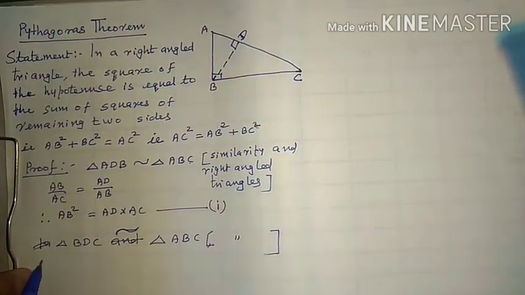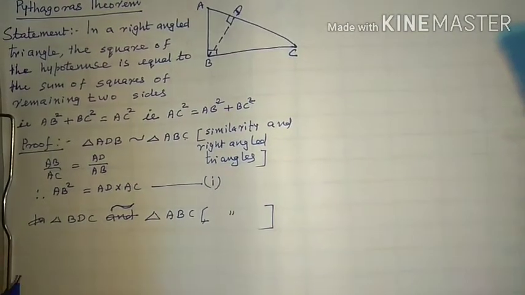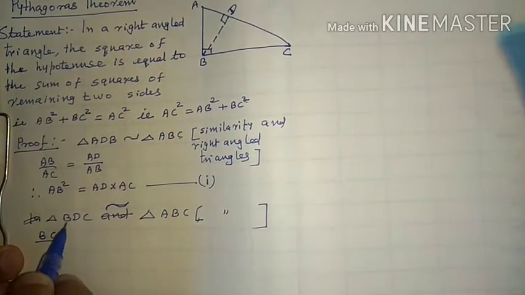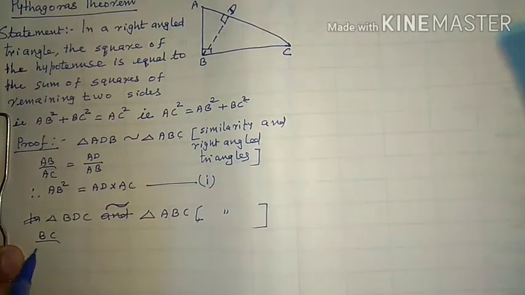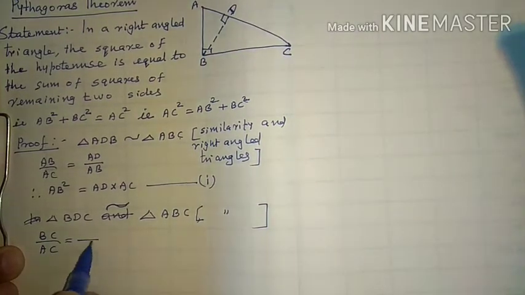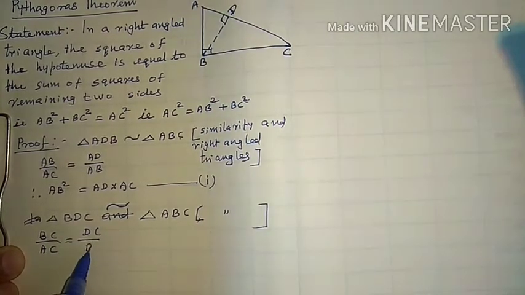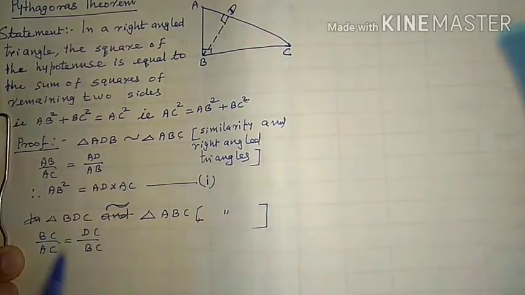Triangles are similar. Therefore, now we take BC square. BC upon AC is equal to BC upon BC. See, BC square we have to get, so BC, first and third letter.